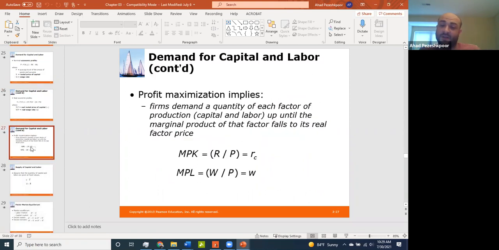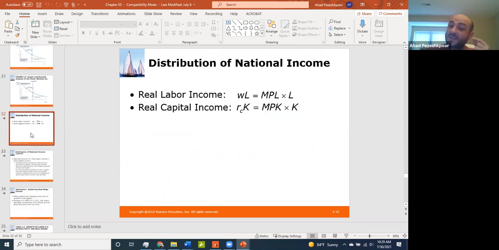diminishing marginal return, constant returns to scale, the concept of rent. This R stands for rent. This is the return on your investment, the rent of your physical capital. This W stands for wage, what you get for your labor. What I'm getting right now when I'm teaching, I'm getting wages.